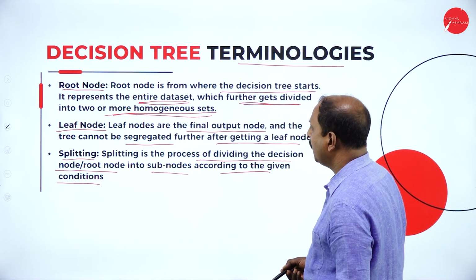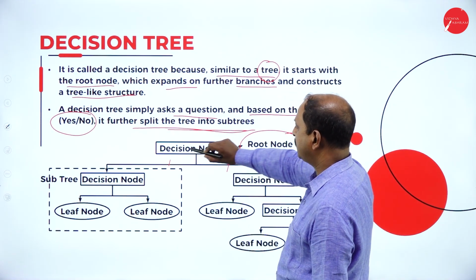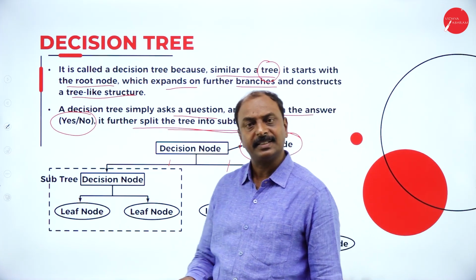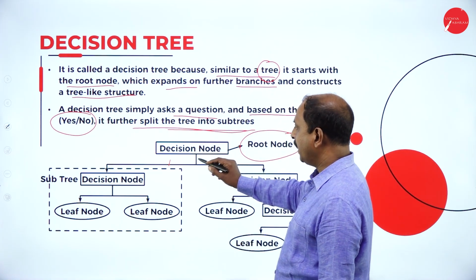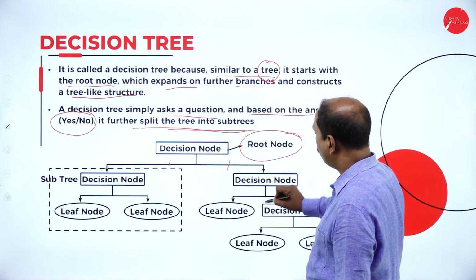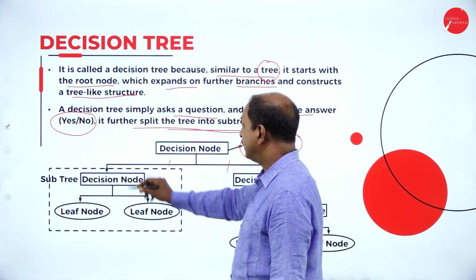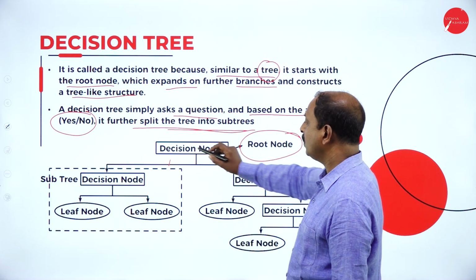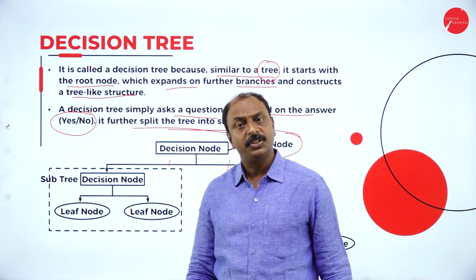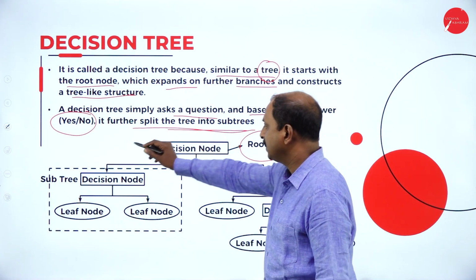For example, in this diagram, a decision is taken here, and any decision will have possible answers, either yes or no. If it is yes, it takes one route, and if it is no, it follows another branch. That is the meaning of splitting. The splitting of a tree depends on the decision taken at the decision node.